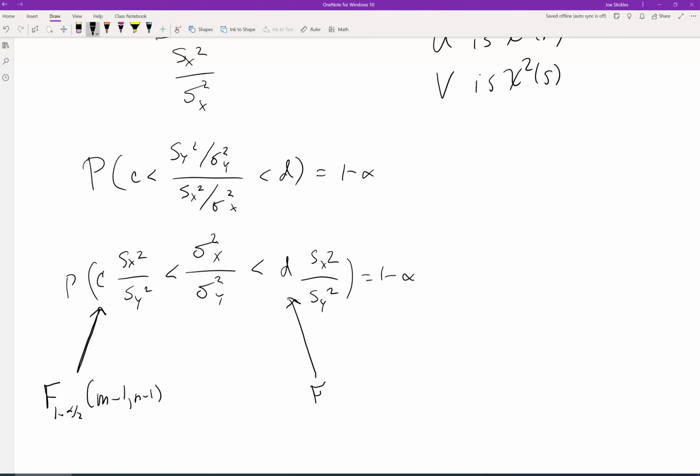And this is going to be your alpha over 2, m minus 1, n minus 1 degrees of freedom. So then that gives you your confidence interval right there. It's the confidence interval for x over y, variance of x over variance of y.